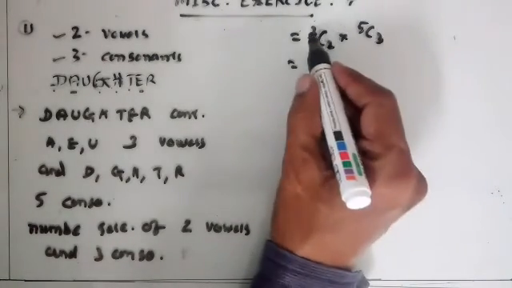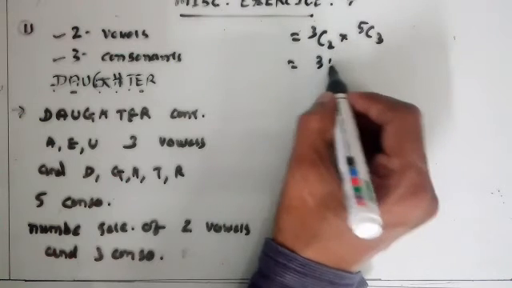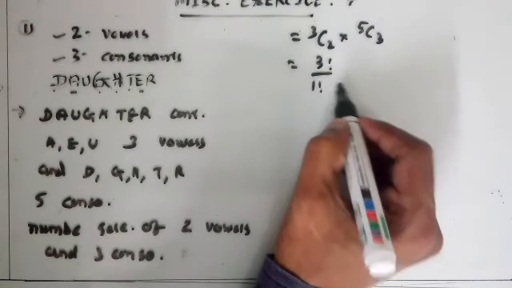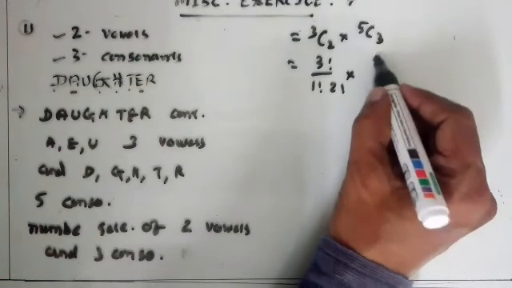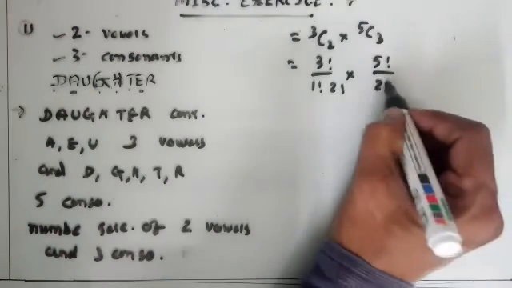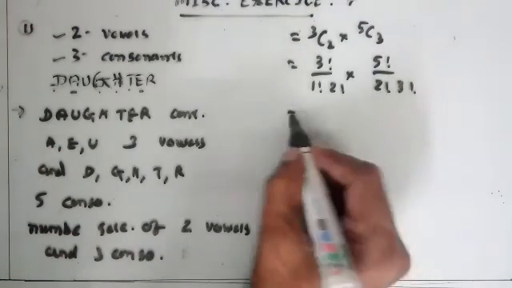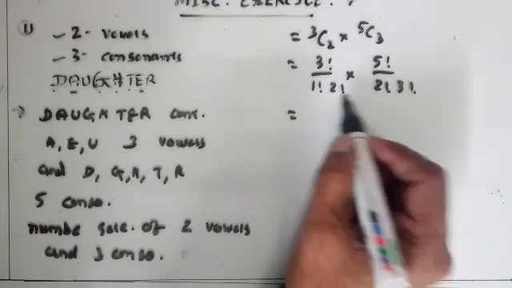So 3C2 is equal to 3 factorial upon (3 minus 2), that is 1 factorial, into 2 factorial, into 5 factorial upon (5 minus 3), that is 2 factorial, into 3 factorial. So 3 factorial cancels.